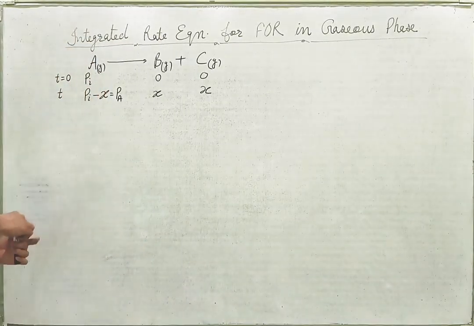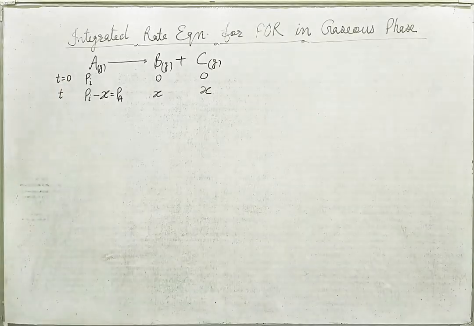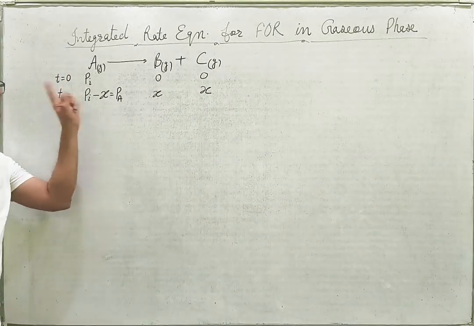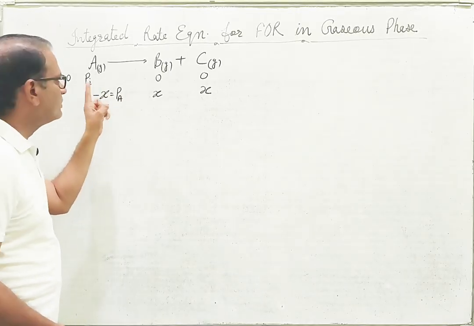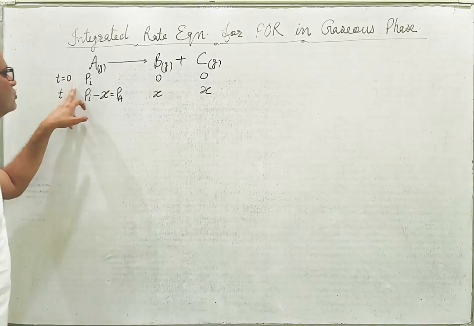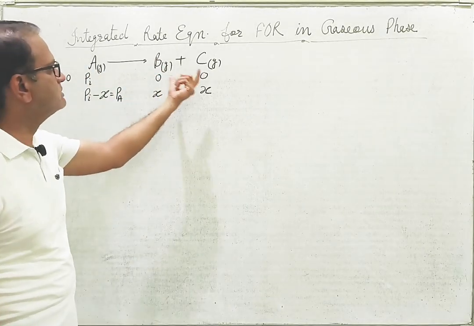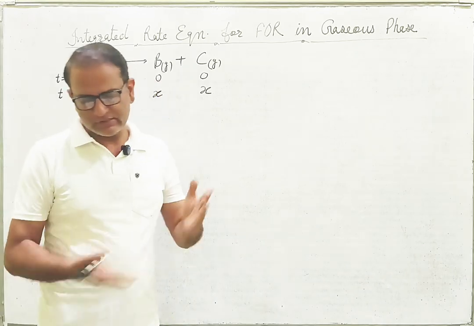Previously we took the initial concentration, but here we are taking the initial pressure of gas, that is Pi for initial pressure. So at time t0 the pressure of gas A is Pi, and of course for B and C it will be 0.